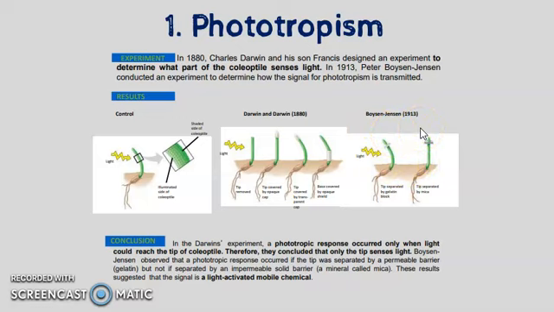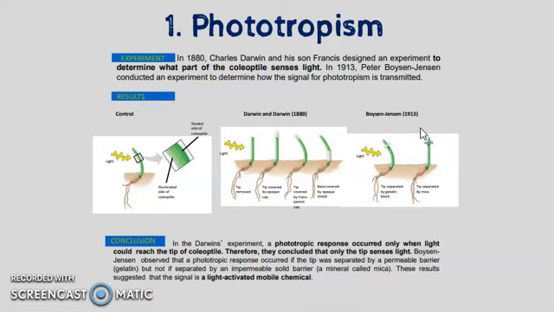In the experiment done by Charles and his son in 1880, they removed and covered part of the grass coleoptile to determine which part senses the light. But in the study by Peter Boysen Jensen, they separated the coleoptile with different material to determine how the signal for phototropism is transmitted.